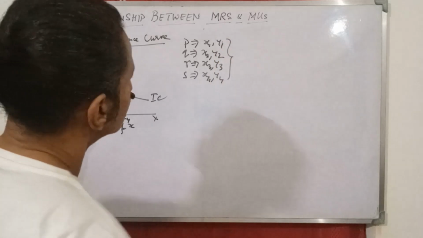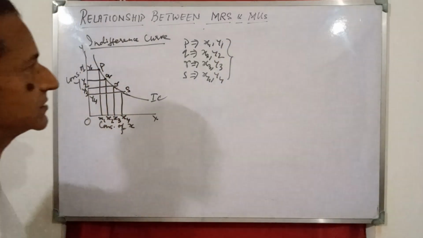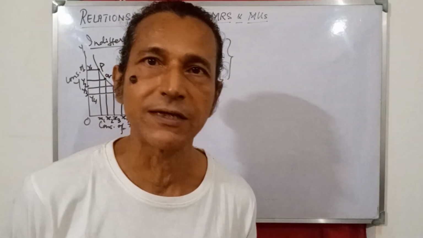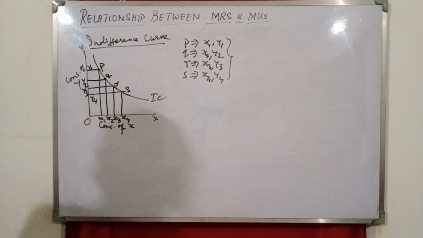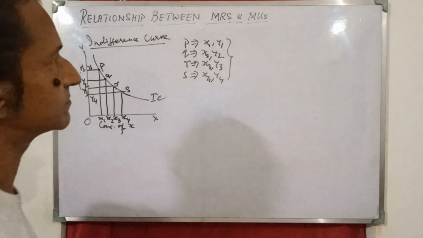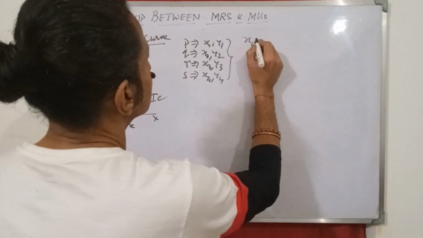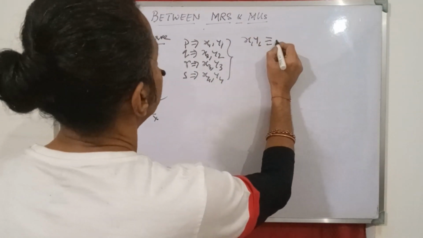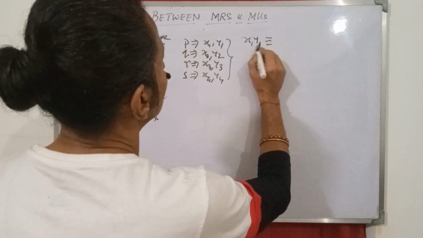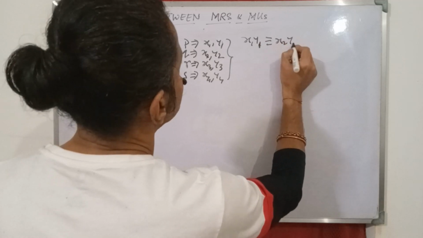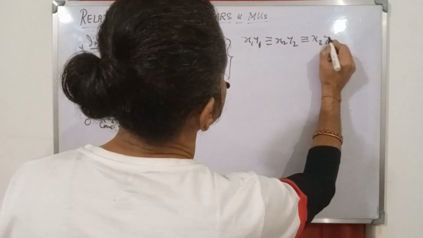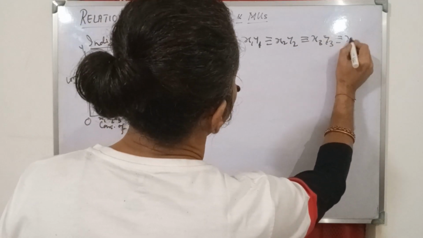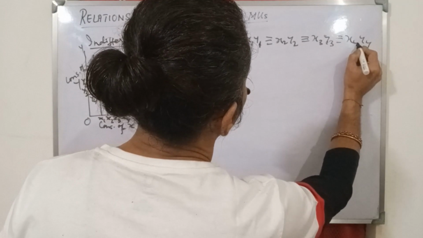These are the 4 different combinations, each of which gives the consumer the same level of satisfaction. So the consumer is indifferent between all these combinations. So you can write X1, Y1 is similar to X2, Y2, similar to X3, Y3, which is similar to X4, Y4.